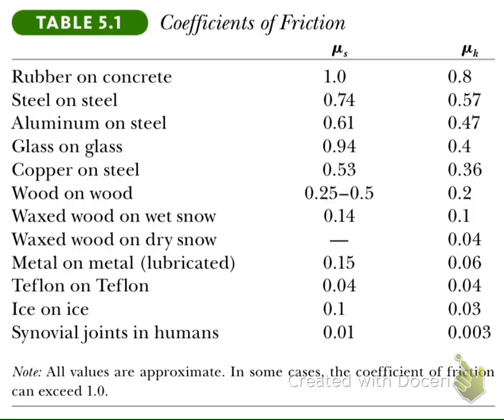From the experiment, we found that both static and kinetic friction depend on the type of the two surfaces at contact. For example, if you have rubber on concrete, you will have mu s equal to about 1 and mu k equal to 0.8. If you change the type of the surface at the contact, the values of mu s and mu k will change.